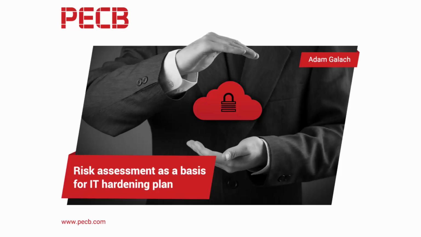Okay, so good afternoon. The topic I would like to discuss today is using a risk assessment approach for building an IT hardening plan. Basically, the hardening of IT systems is vital for protecting the information using IT infrastructure, but the problem is that sometimes the requirements stated by this plan may have a negative impact on the usability of the system, and sometimes it makes a really big problem with using the system and supporting the business process of the organization.